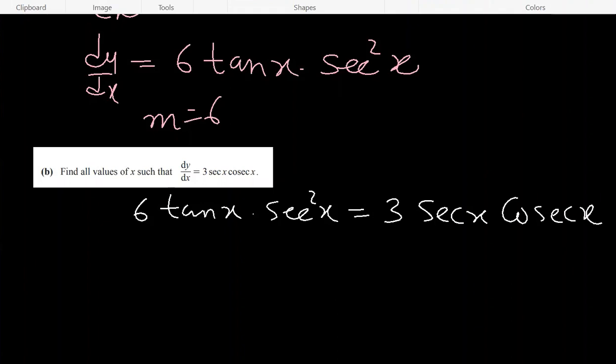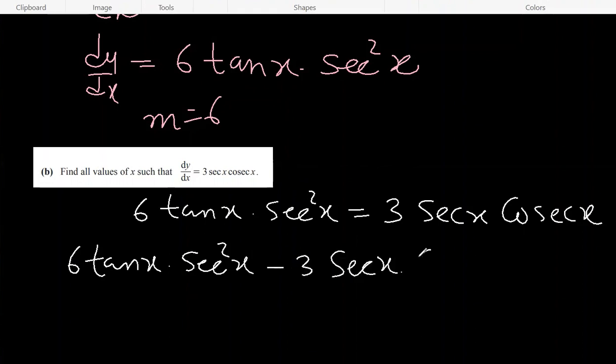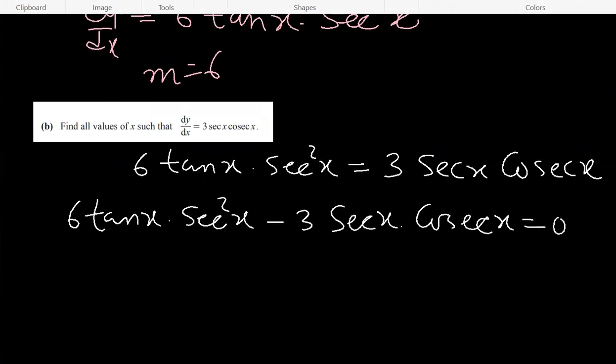Bring everything to the left side. So 6 tan x secant squared x minus 3 secant x cosecant x equal to 0. Now, we should factor these somehow. The problem here is that we have secant squared x here, secant x here, but cosecant and tan x, there's nothing else common.